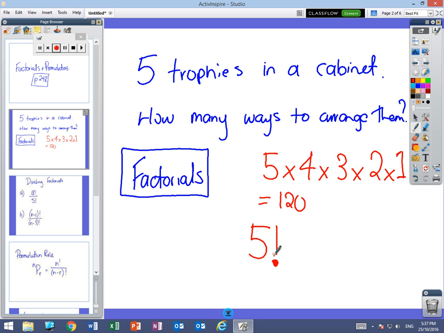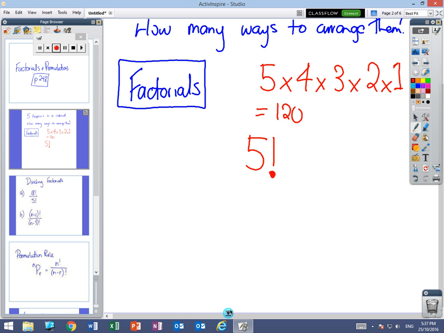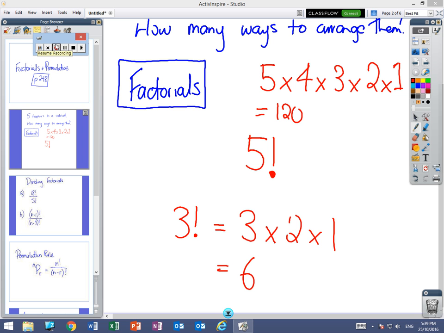What this means is you start at 5 and go all the way down to 1. So 3 factorial would be equal to 3 times 2 times 1, and in this case, it'd be 6. That's the idea behind using factorial notation.